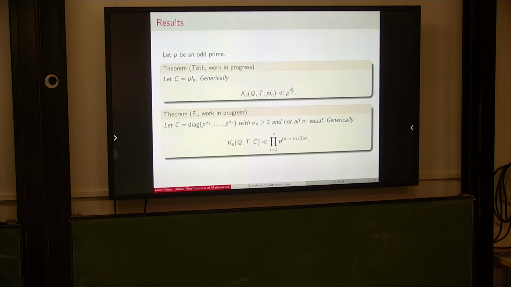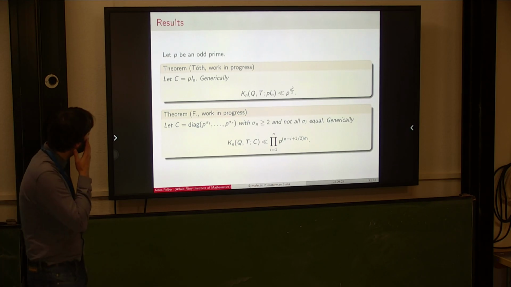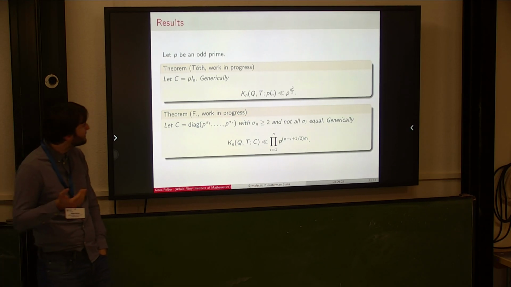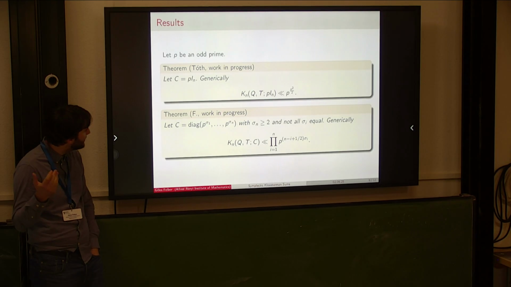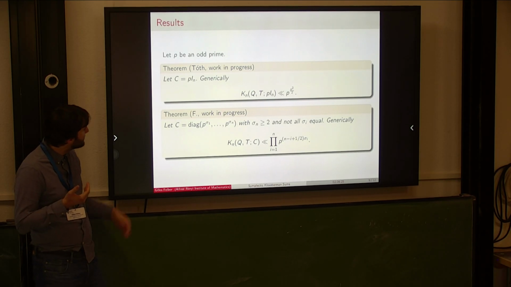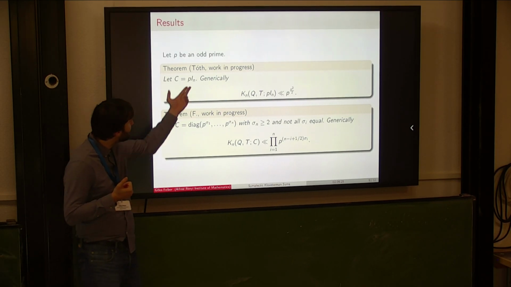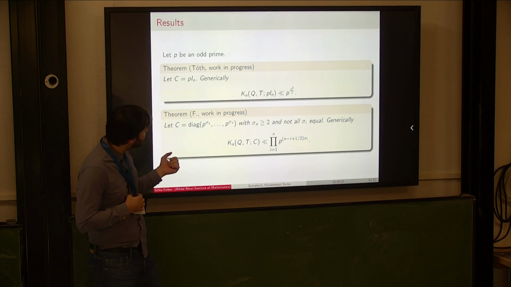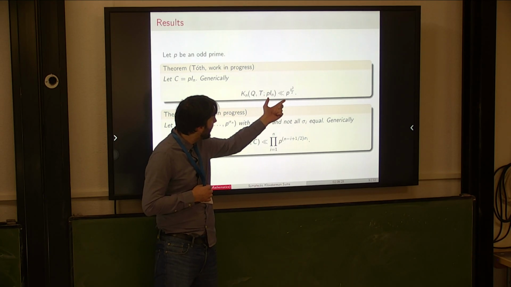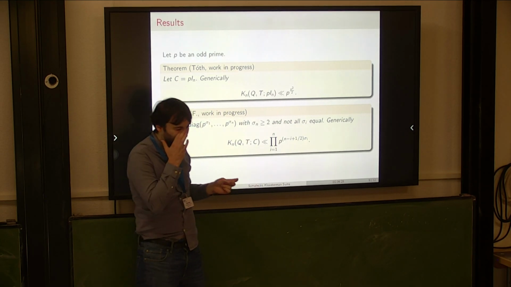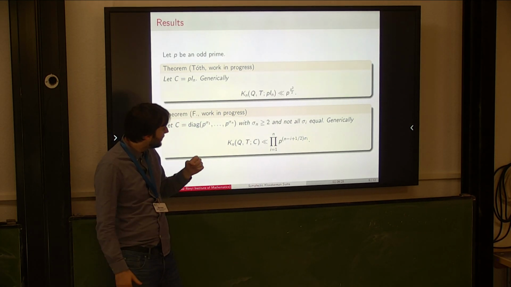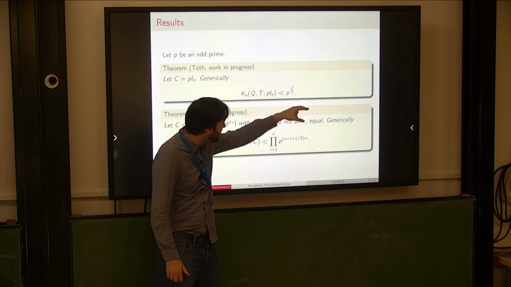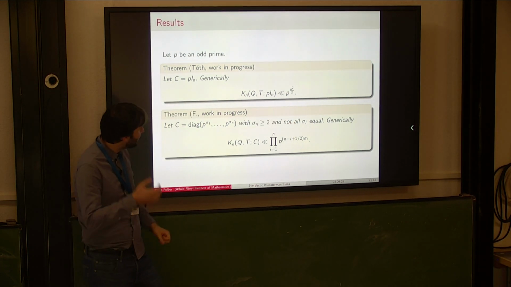And so we have the following results that are work in progress. Alfréd is looking at C being a scalar matrix, here I stated it for prime times the identity. And generically, it gets P to the n squared over 2, and if you take the trivial bound over there, it will be n squared plus n over 2, so there's a win of n over 2.